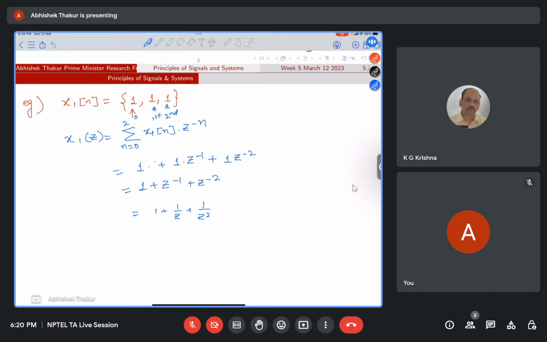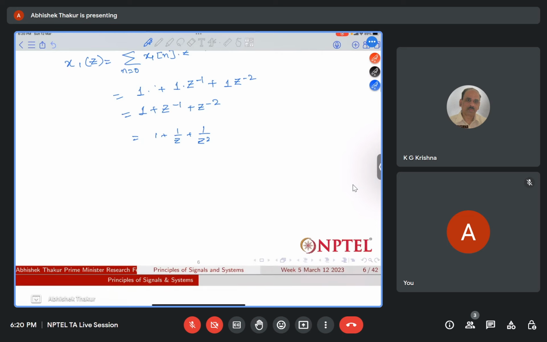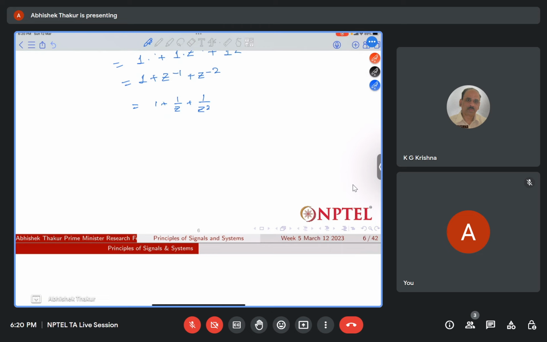So now we will take some two-sided signals. Let's suppose another signal x2[n] is given as 1, 1, 1, with the zeroth index in the middle. So this is our first index and this is minus 1, on the negative side. We will again use the simple z transform formula.